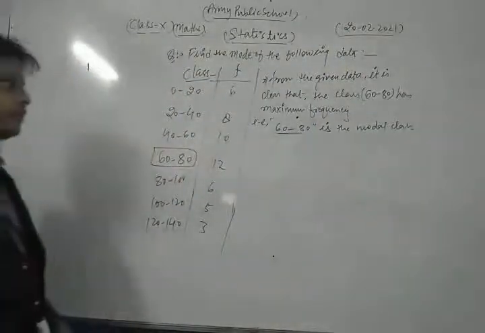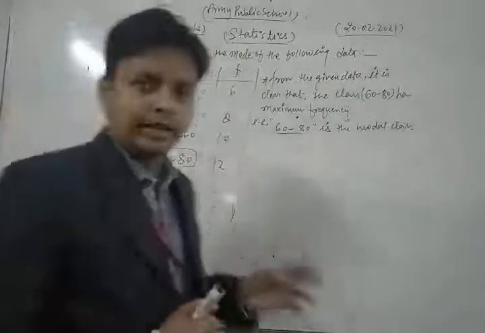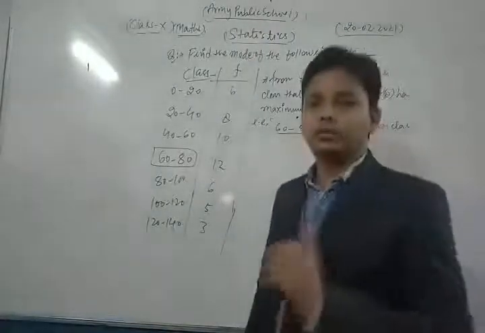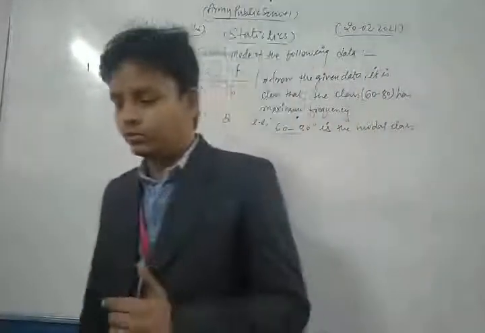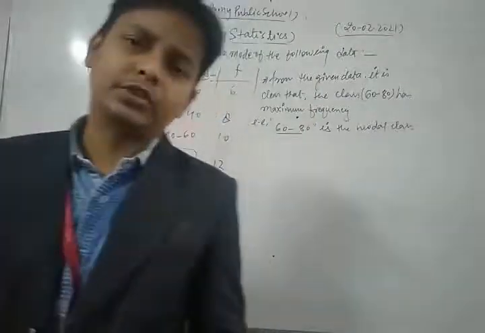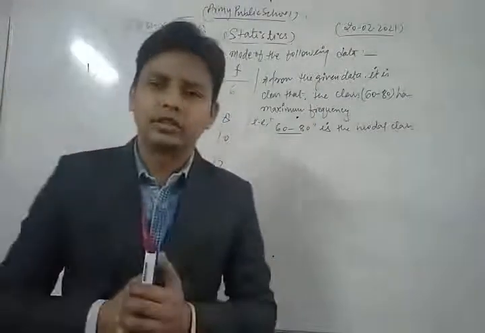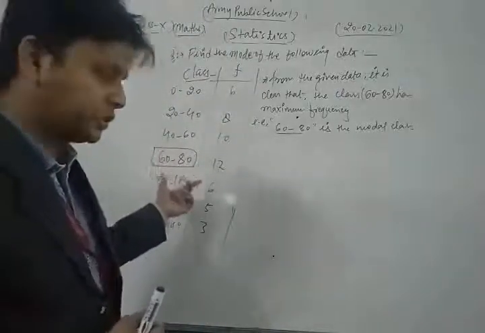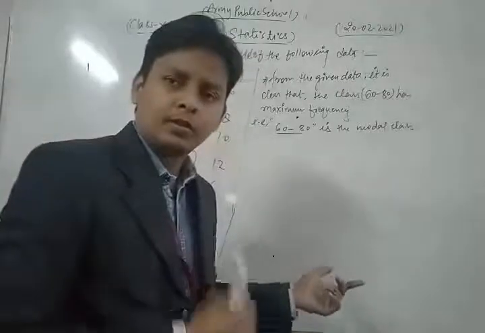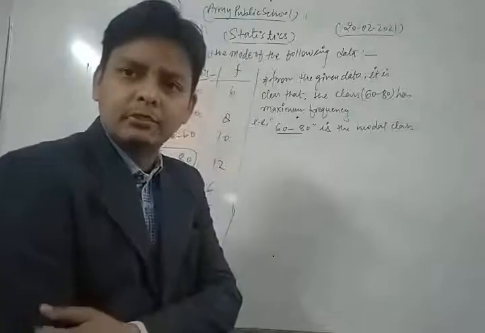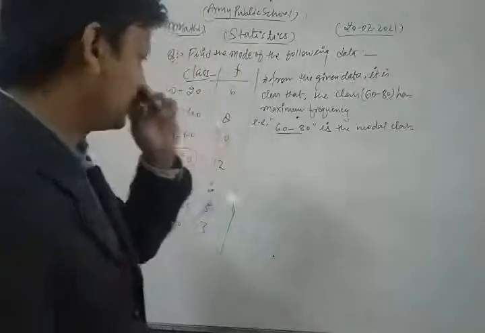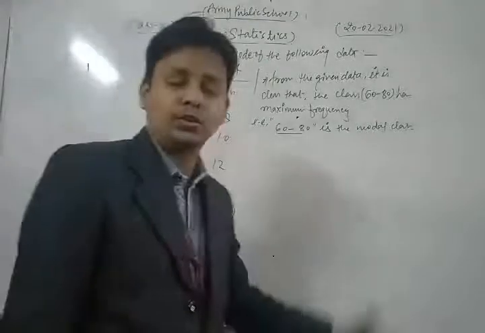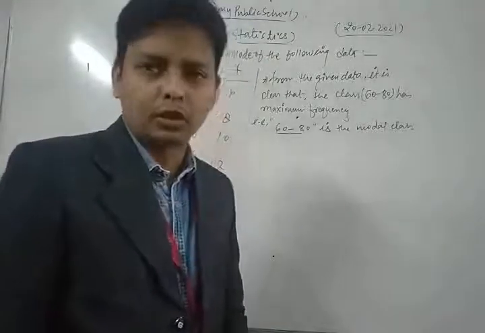So in this way, before finding the mode of any statistical data, first of all we find the modal class. We just observe the data which has the highest frequency. For this data, the class 60 to 80 has the maximum frequency, so its class is the modal class.